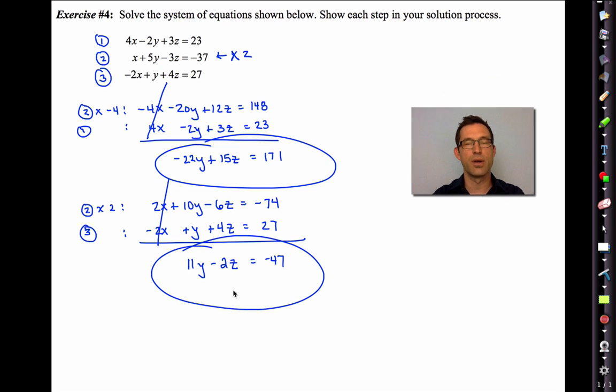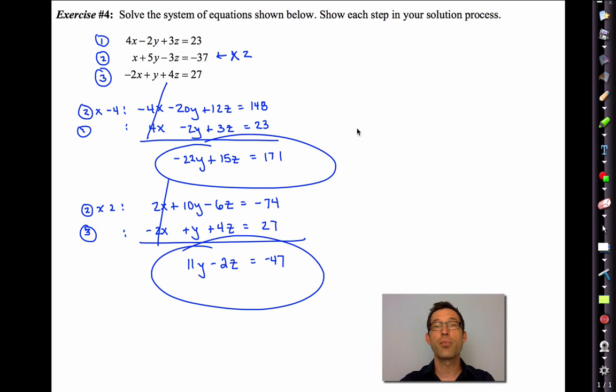Two equations, two unknowns. All right, now you can probably already see what we're going to eliminate next. You could eliminate either one of the variables, but I think most people will immediately recognize that if you take this equation and multiply it by 2, we'll get 22y minus 4z is equal to -94.